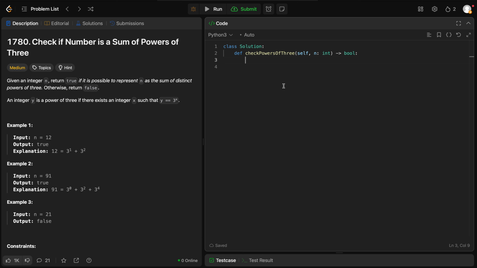Let's see. Oh, let's go with highest. It's okay. Maybe this works also.